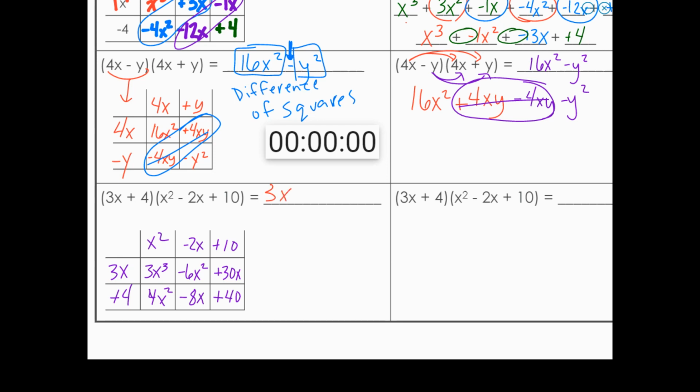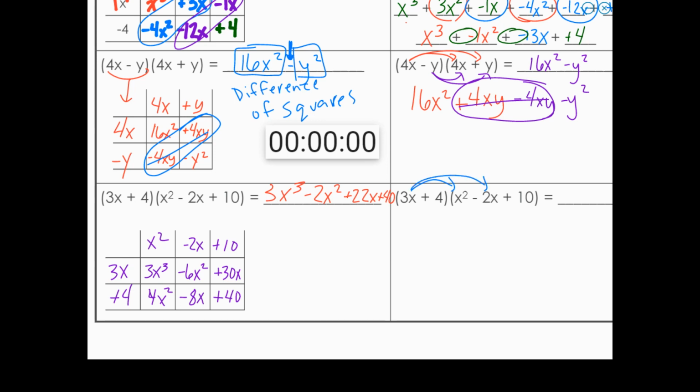Oh wait, hold on, no, never mind. I got that wrong. It should be negative 2x squared with that 3x cubed. So you should have ended up with 3x cubed minus 2x squared plus 22x plus 40.